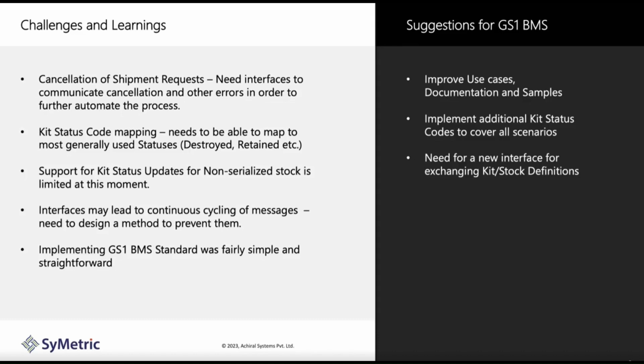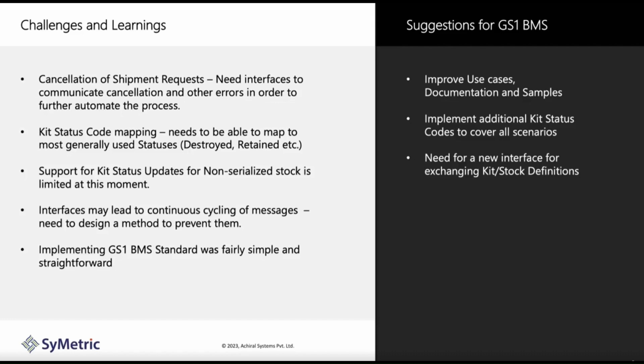So we have to come up with some measures to prevent the cycling of messages, which we have in our current implementation. And the whole implementation, though it's fairly simple, the documentation detail was a little less for an IRT vendor who's trying to implement this for the first time.